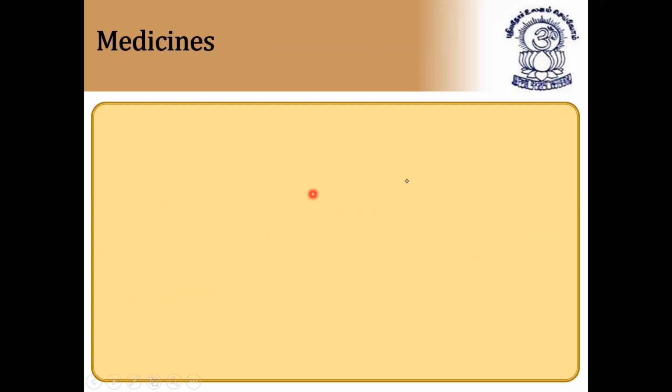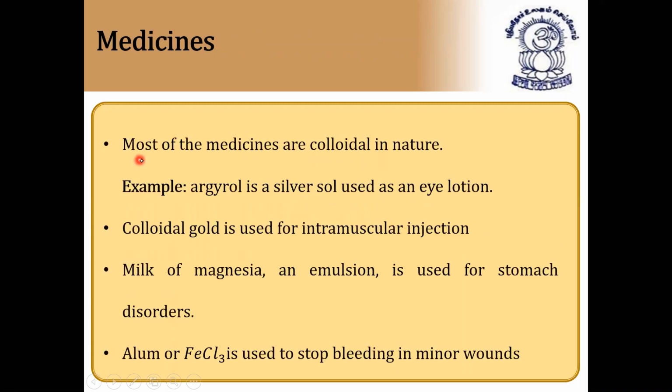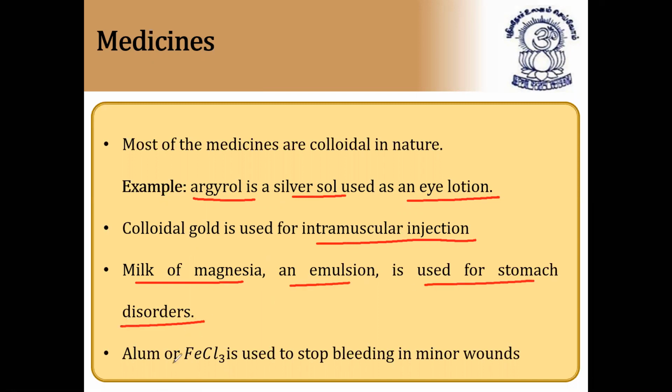Next, medicines. How are colloidal particles used in medicines? Most medicines are colloidal in nature. These will also be asked in examinations. Argyrol is a silver sol used as an eye lotion.